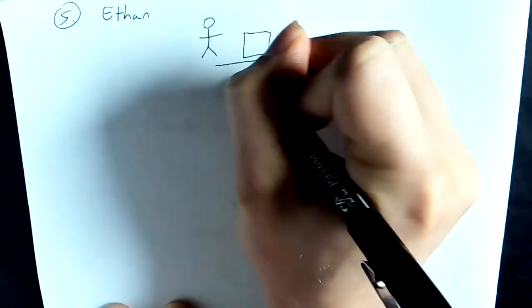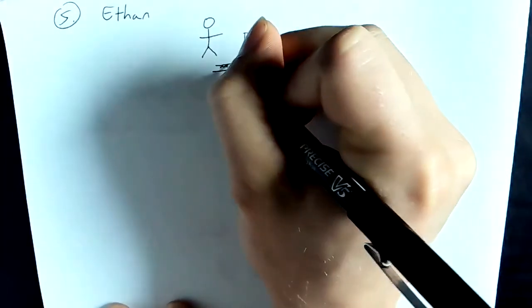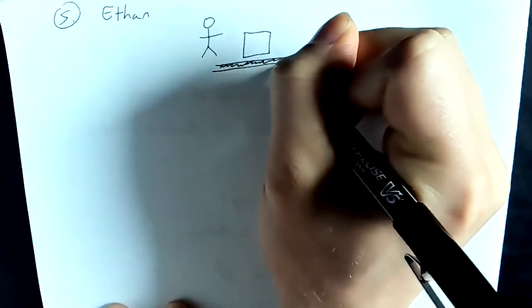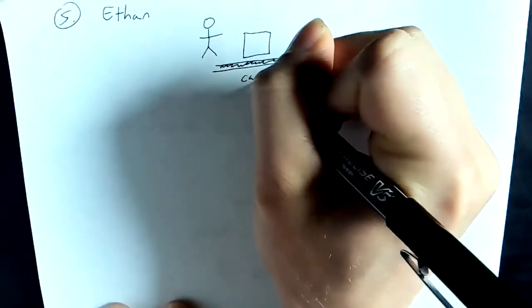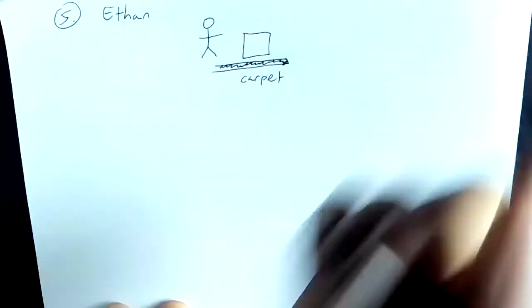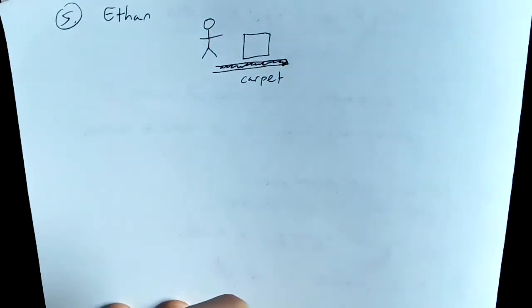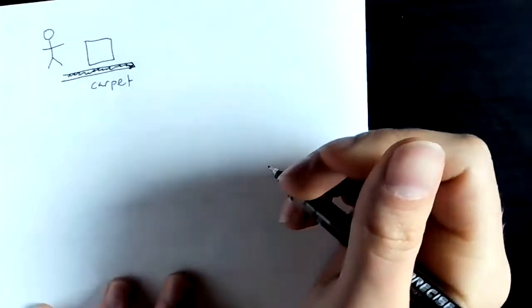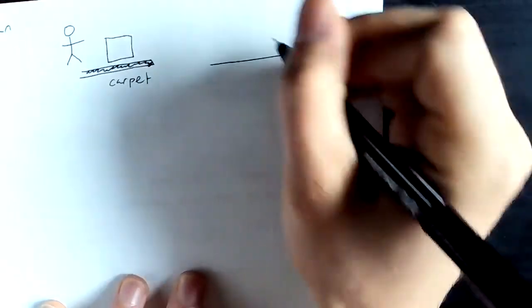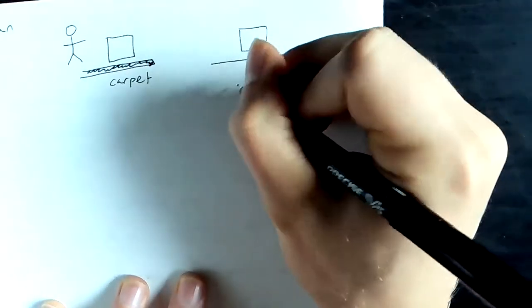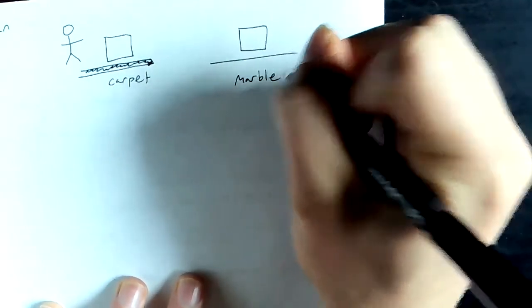So Ethan is pushing a box on carpet. Then he pushes it along a marble floor.